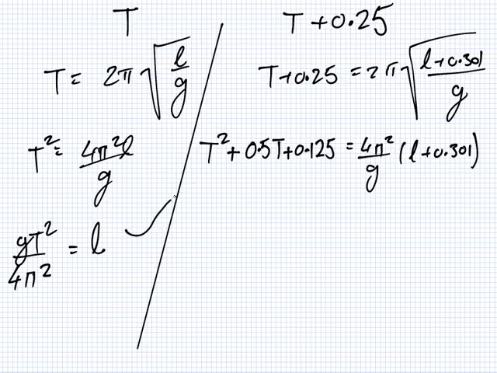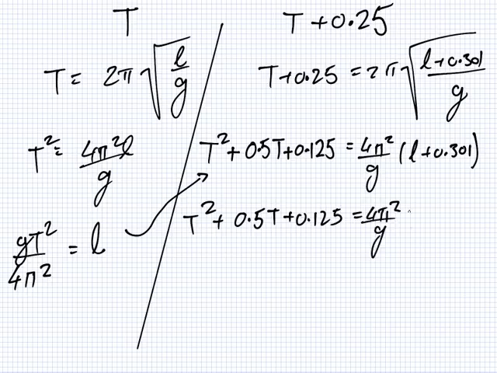So I think I should put the L in here. T squared plus a half T plus 0.125 equals 4 pi squared over G times GT squared over 4 pi squared plus 0.301. So ugly. Oh, but that's nice. Look what happens here. Done. So they'll cancel when we multiply.